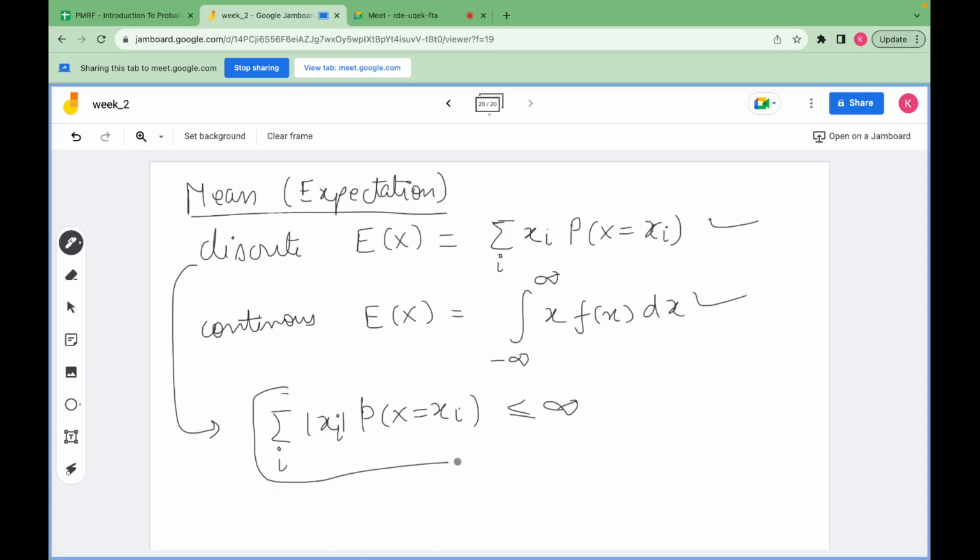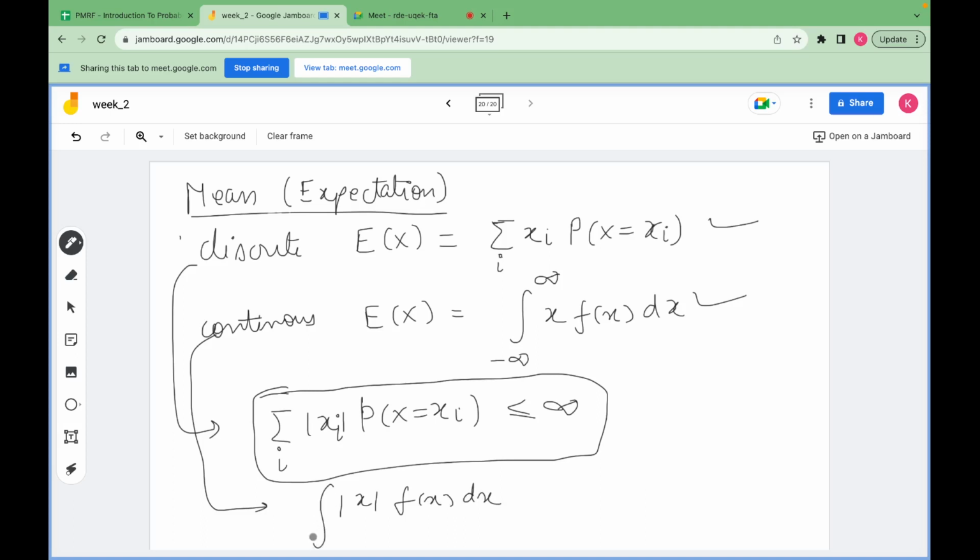So if this thing is valid, then only the mean of our variable x will exist, and that will be equal to this thing. Similarly, for continuous, the expectation will exist only when this integral is a finite quantity.